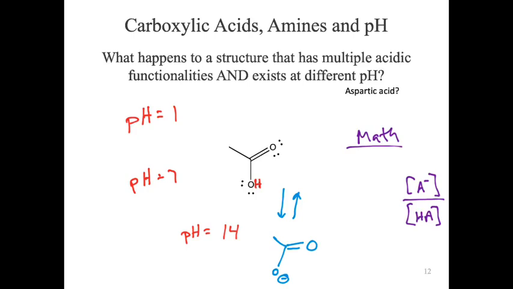At low pHs, we'd be at a small ratio. At large pHs, we'd be at a high ratio. I want to know when that shifts, when those are equivalent. Well, when are they equivalent? When does that happen?